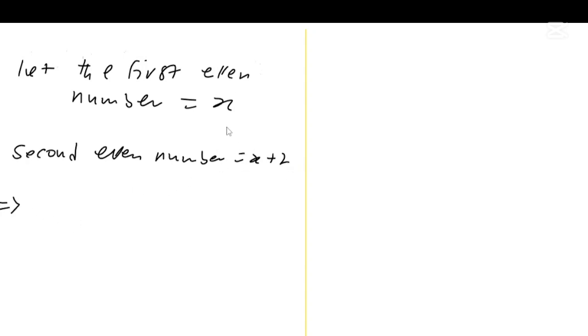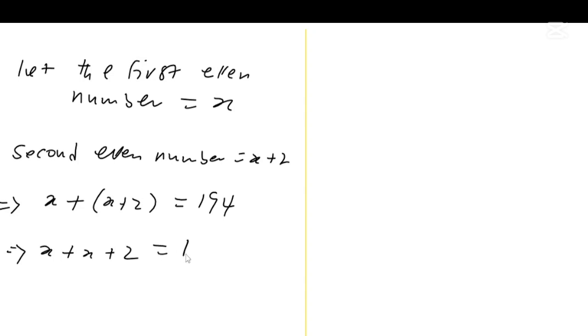And the question says that the sum of the even numbers gives us 194. So we have x plus x plus 2, and this gives us 194. This implies that x plus x plus 2 is equal to 194. x plus x is 2x plus 2 equal to 194.